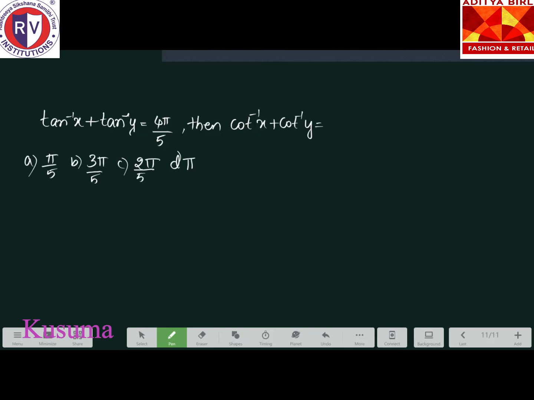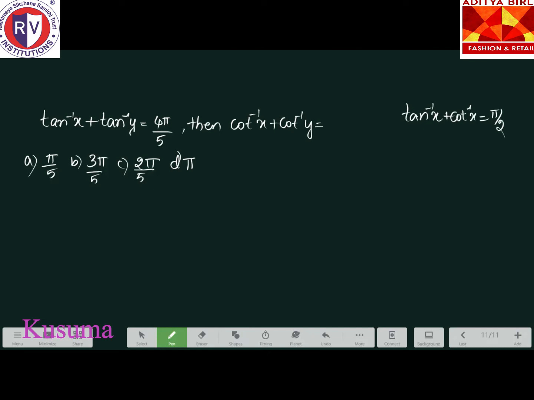Now, I will give you a hint. I want you to try this. So you people know that tan inverse x plus cot inverse x is equal to pi by 2. So what we can write tan inverse x as? Pi by 2 minus cot inverse x.